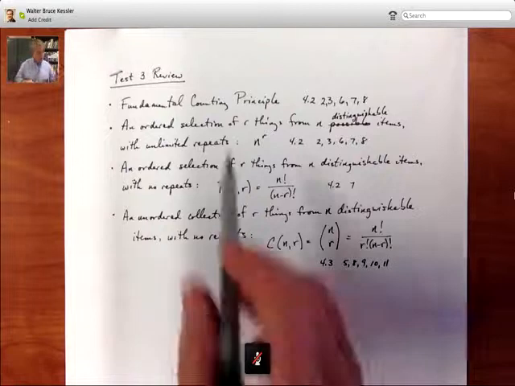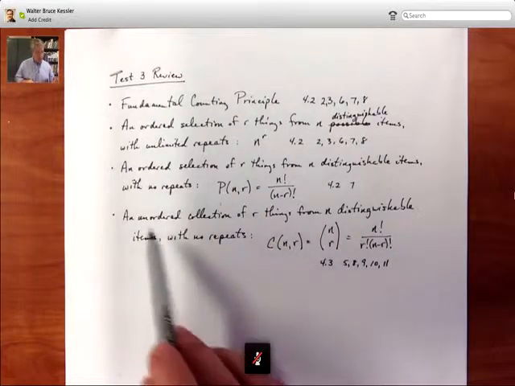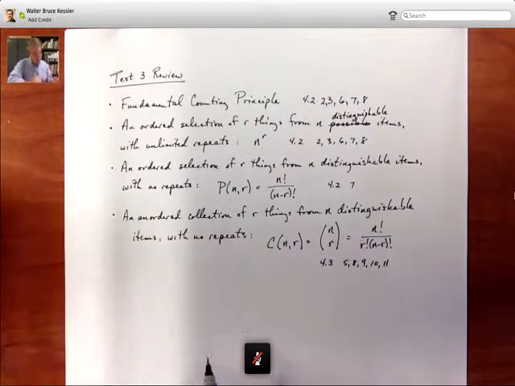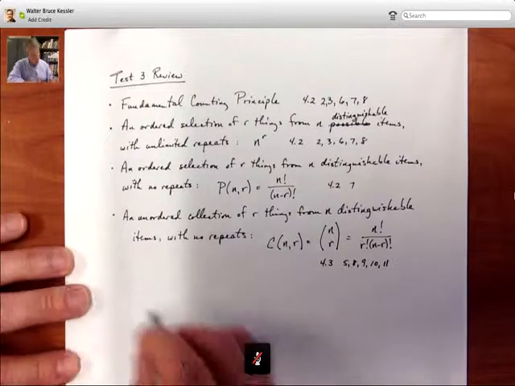So ordered with repeats, ordered without, unordered without, and then we got into ordered again, but with fixed repeats.